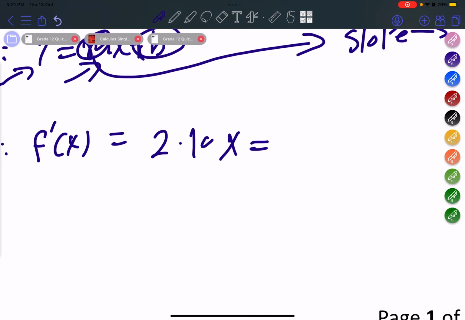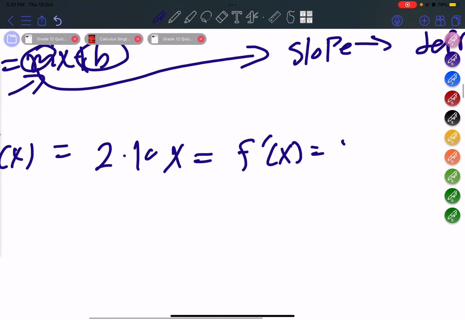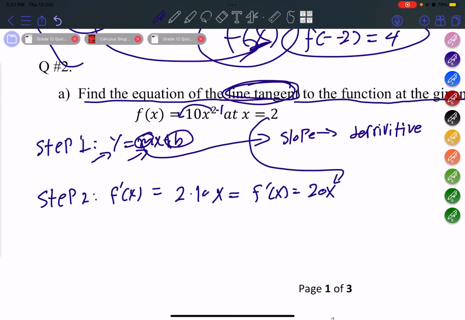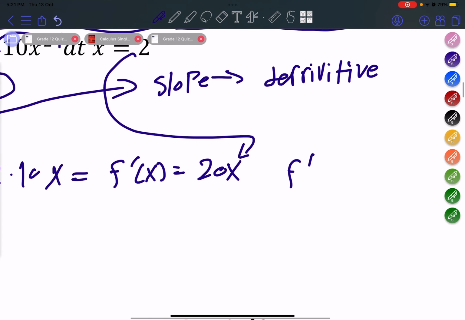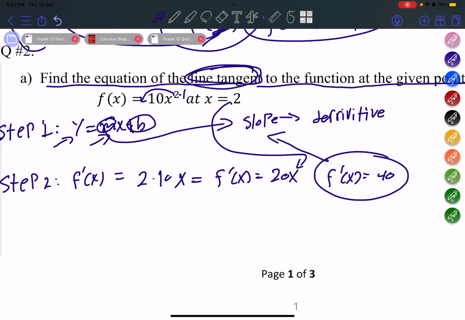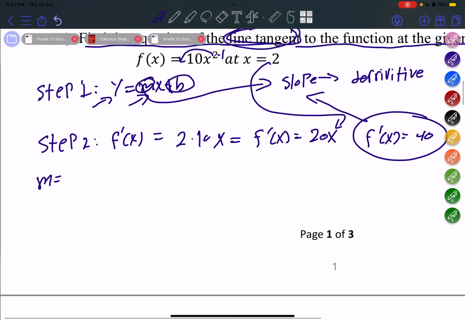So f prime of x is equal to 20x. And if we sub in the value of x, which is 2, f prime of x is equal to 40. This is the derivative, or as we know before, the slope. So m is equal to 40.